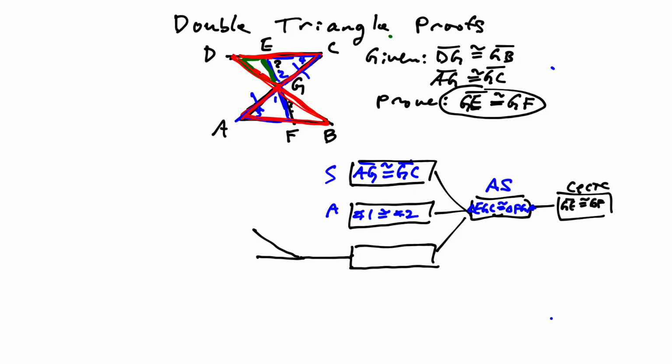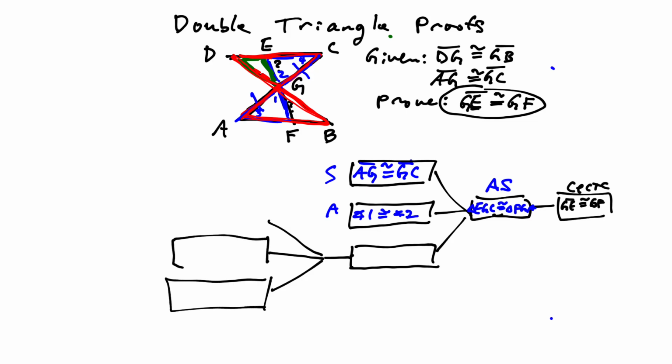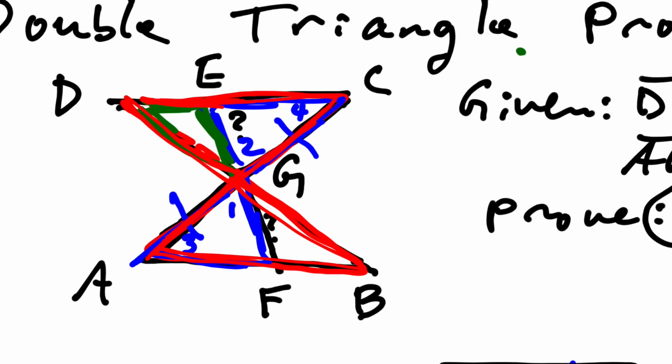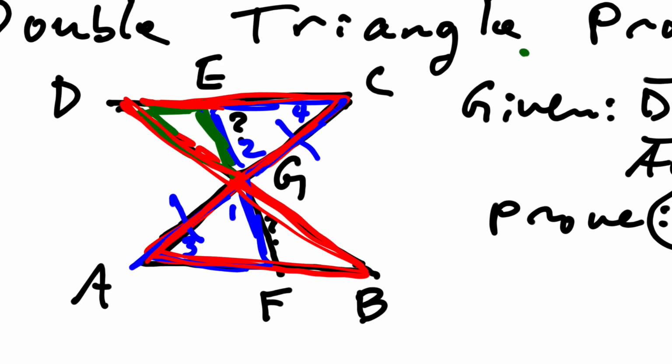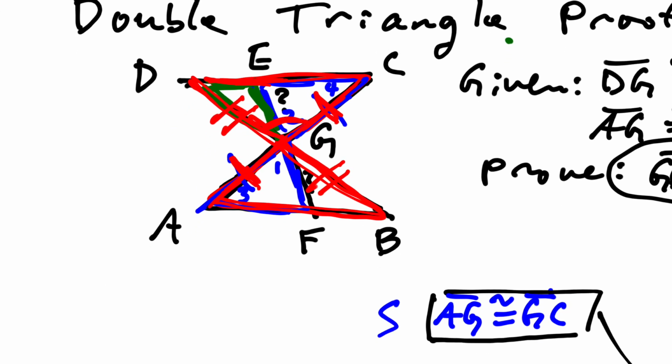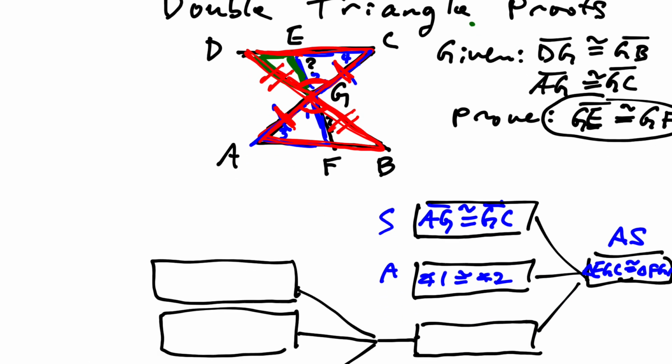And prove another pair of triangles first. I can't finish this job until I prove, in this case, that the red triangles are congruent. Well, good news for you. In these triangles, it's given that GC equals GA, and it's also given that these sides are congruent. And I can see from the picture that these two large angles are congruent.